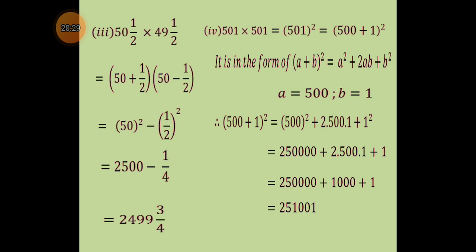Again square of 500. 5 square is 25. Instead of 2 zeros, we'll write 4 zeros in the square. And 2 into 500 is 1000 and 1 square is 1. So the answer is 2,51,001.